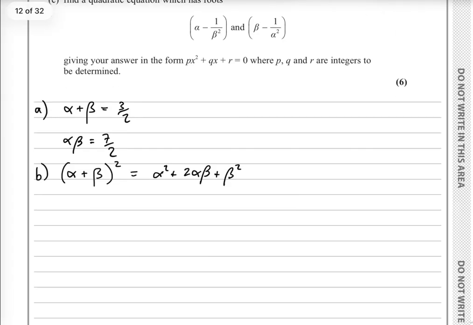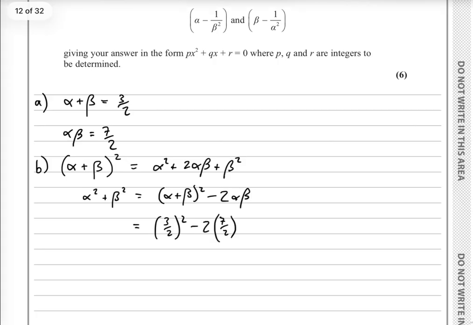Now if I rearrange, we can get alpha squared plus beta squared equals the bracket that was on the left minus 2 alpha beta, and we know what both of these are. We know alpha plus beta is 3 over 2, square that, minus 2 lots of alpha beta, 7 over 2.